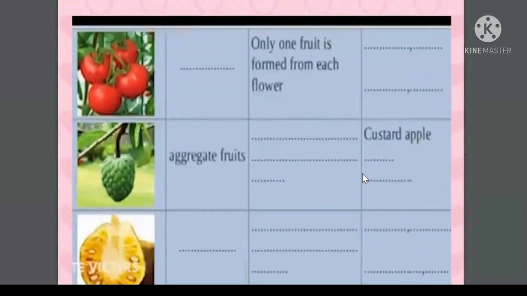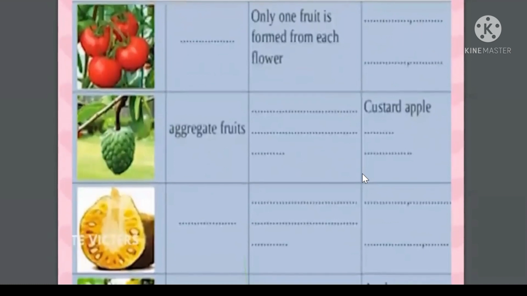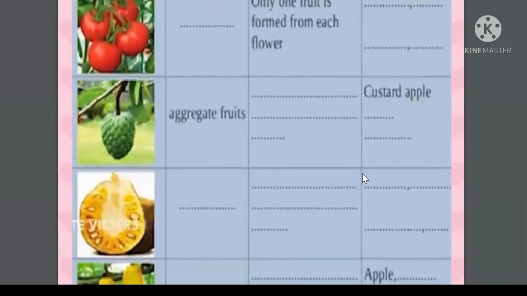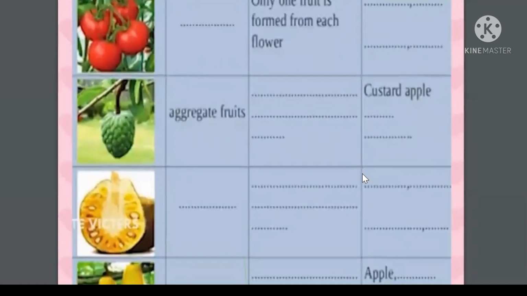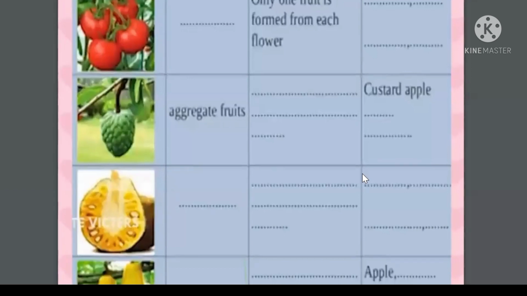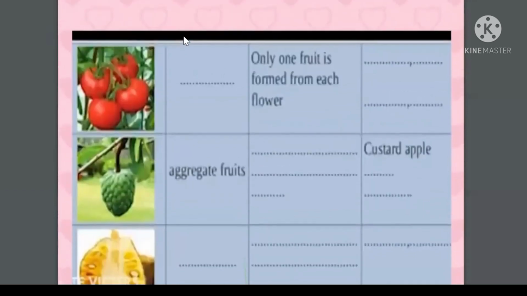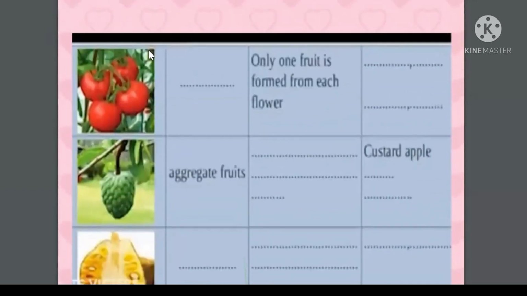One worksheet we have to complete. See this. Some pictures are given here, no? And you have to complete the blank portions. See, first fruit. But we have to write what type of fruit is this.